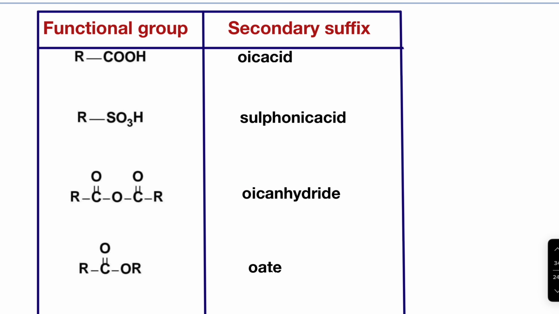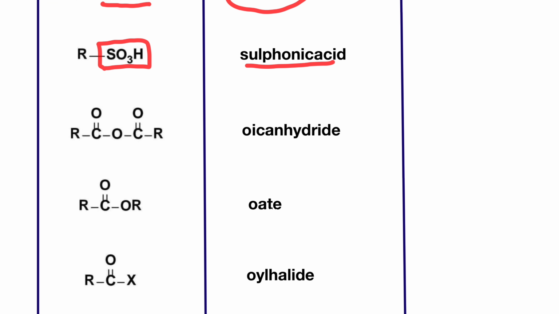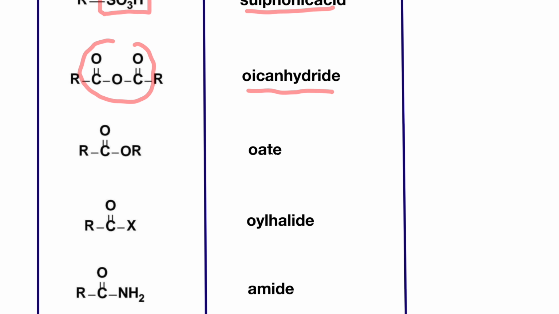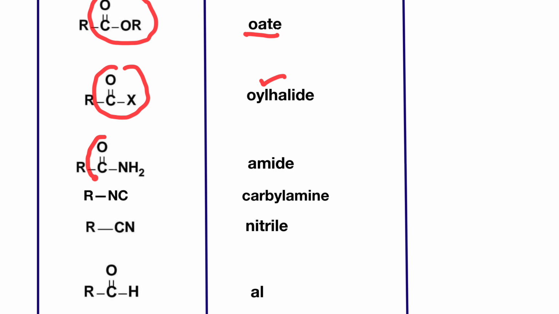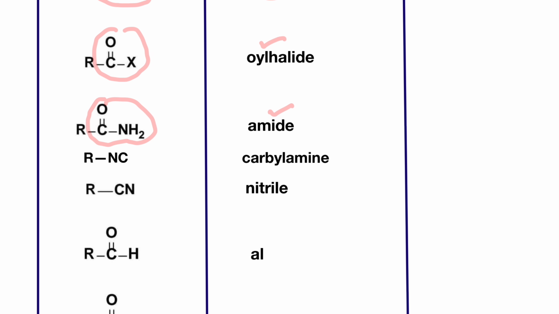For example, in case of carboxylic acid, oic acid; sulfonic acid, sulfonic acid only. Acid anhydride, we use oic anhydride. In case of ester, we use oate. Acid halide, oyl halide. Acid amide, amide functional group, that is amide suffix.